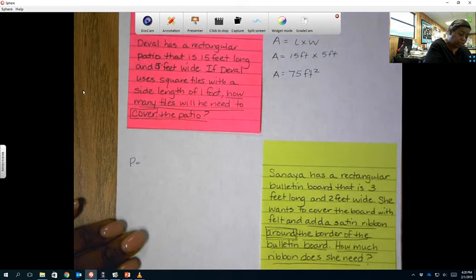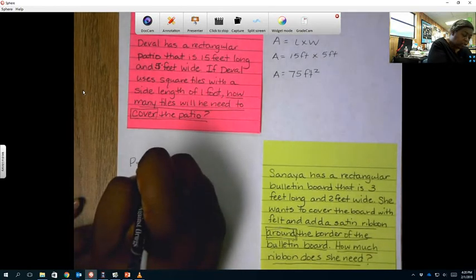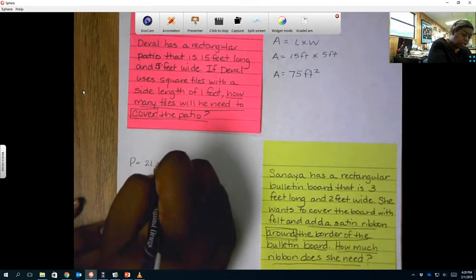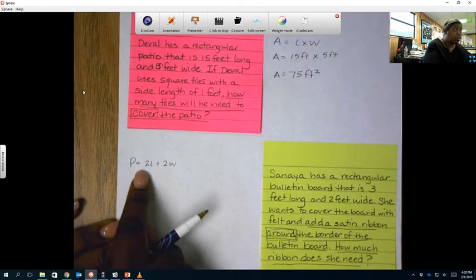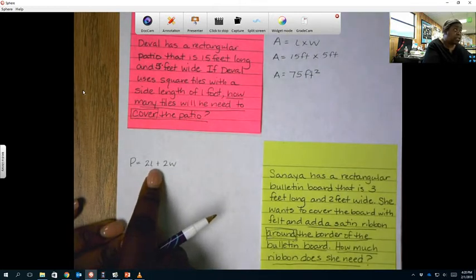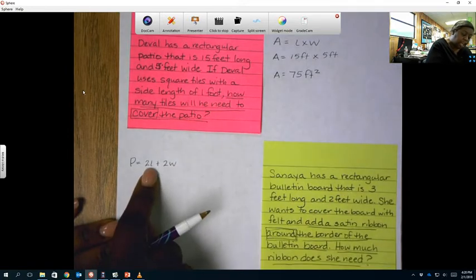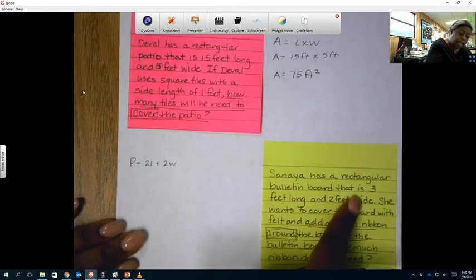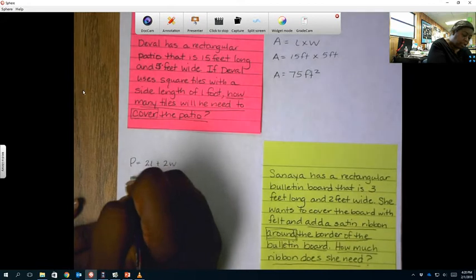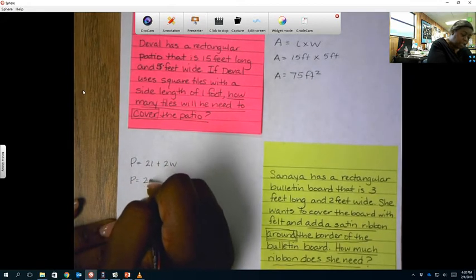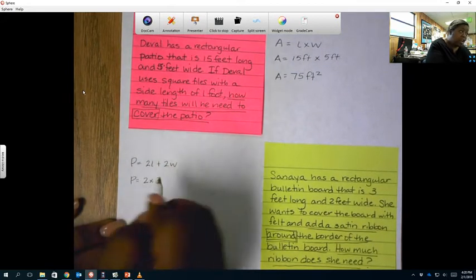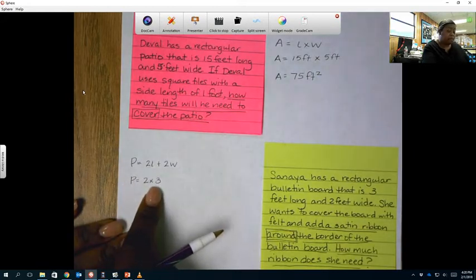So I'm going to choose P equals 2L plus 2W, or 2 times length plus 2 times the width. I'm going to exchange the letters for the actual dimensions. So I'm going to rewrite this. P equals 2 times 3. Whenever I replace the letter, I have to put my multiplication sign.